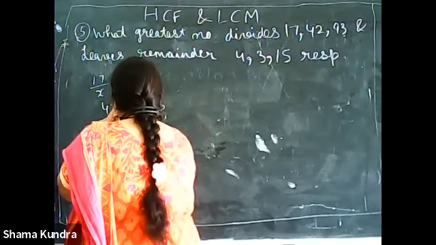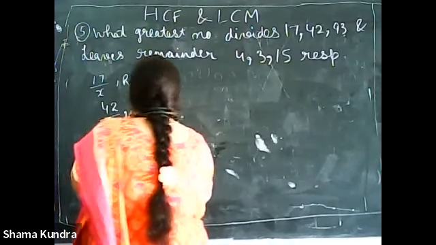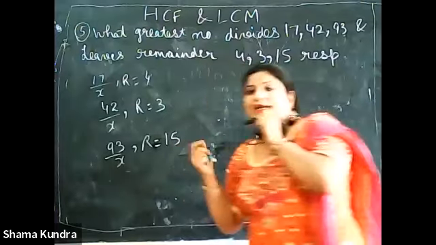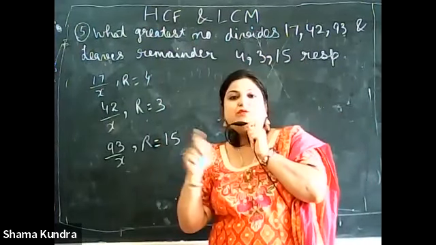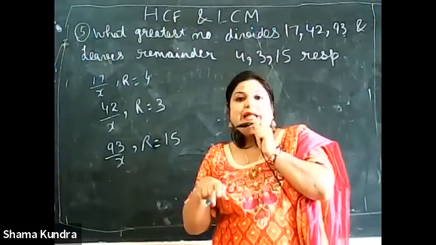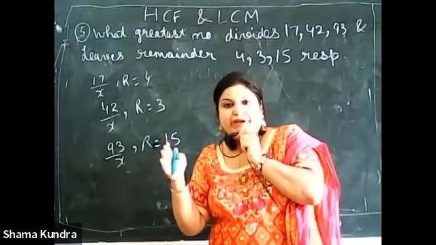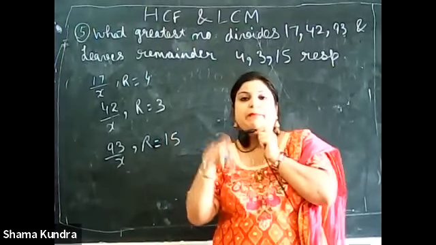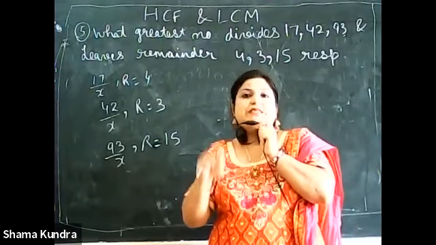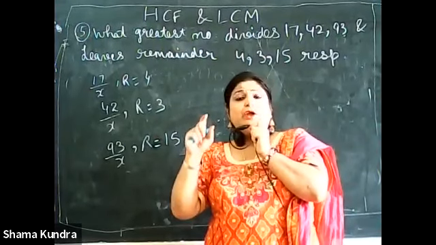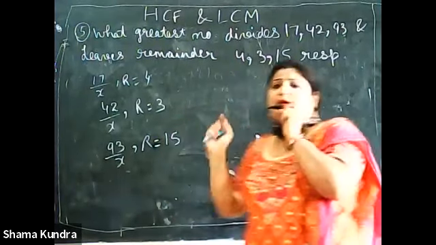When you divide 93 by X, the remainder is 15. Remember one keyword: if remainders are different, remove the remainders from the numbers and then find the HCF. You have to find the exactly divisible numbers and find the HCF of those numbers.